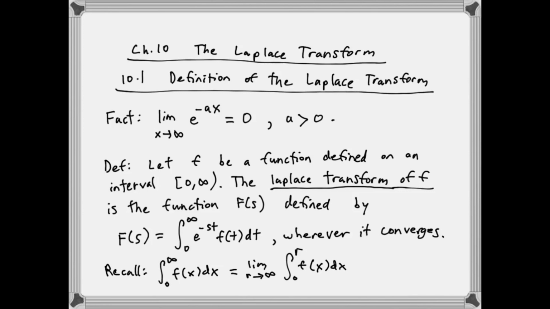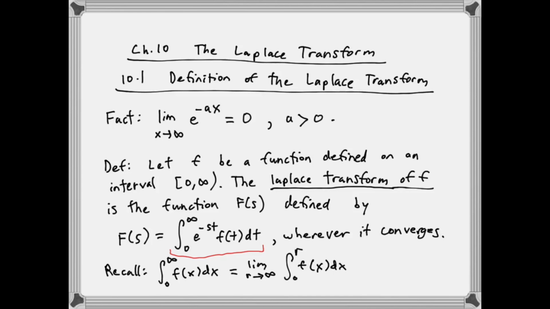It's important to note that this really is a function of s. Even though you see a t in here, that t is going to go away after you solve the integral, because this is a definite integral. When you have a definite integral, the variable that you're integrating with respect to is never going to appear in your answer. S is different because you're not integrating with respect to s, so in the end all you're going to have are s's left.